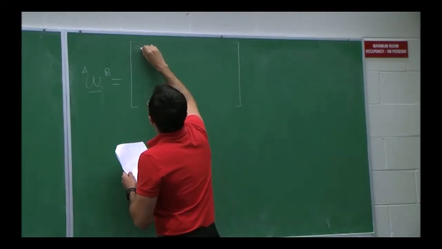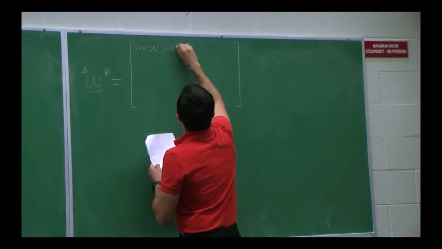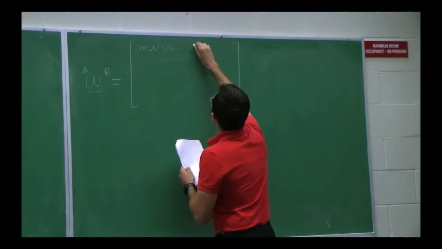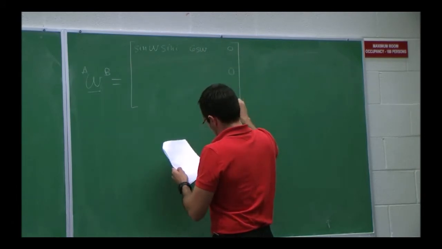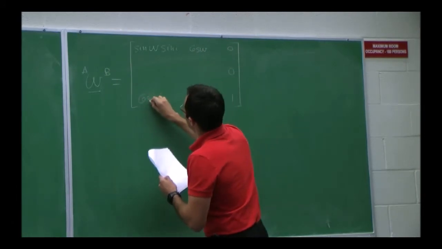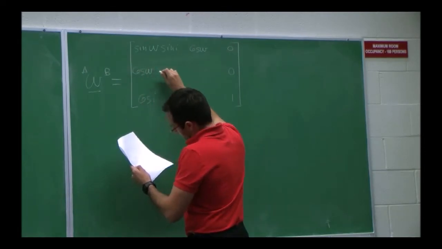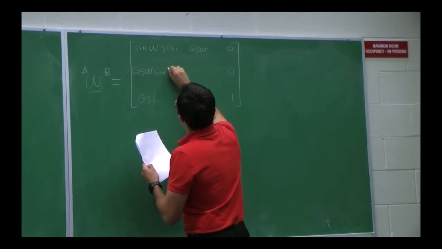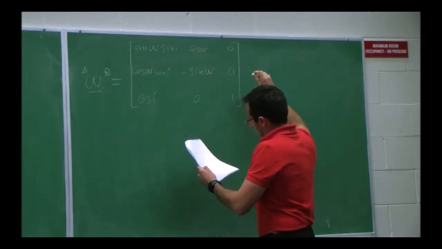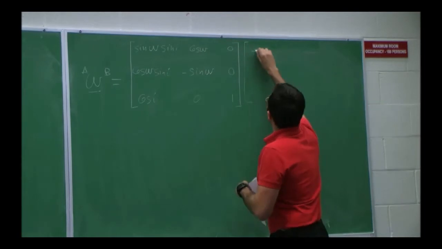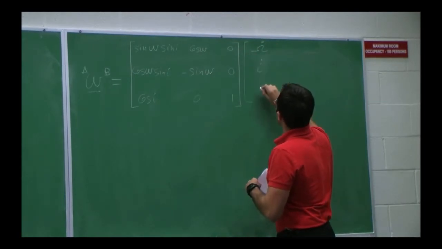I have sine of little omega, sine of I, then cosine of little omega, 0, 0, 1, 0, cosine of I, I'm sorry, not E, cosine of little omega, sine of I, minus sine of omega, that multiplies the time derivatives of those angles, of the other angles.